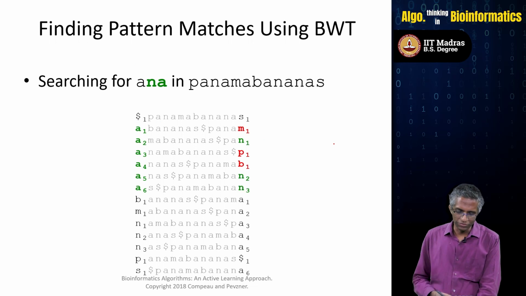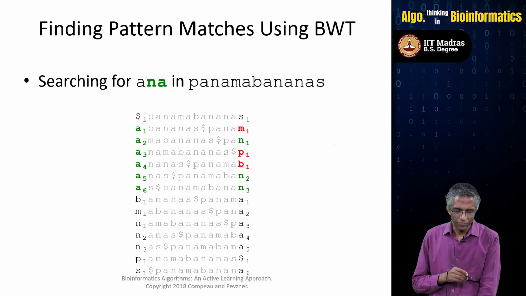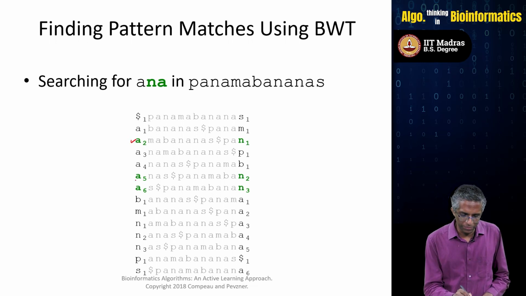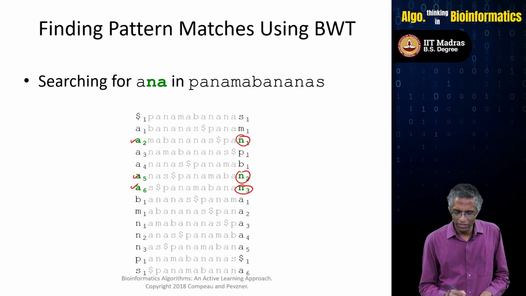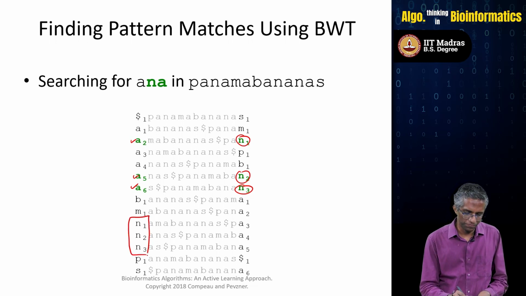So that is what is given here. The greens are the hits, the reds are the ones that are not hits. So we have to only process the greens, which is A2, A5, A6 and N1, N2, N3. Now A has already been matched. Now we have to look at N1, N2 and N3, and we know that all of these will be in contiguous locations in the first column, which is this location.